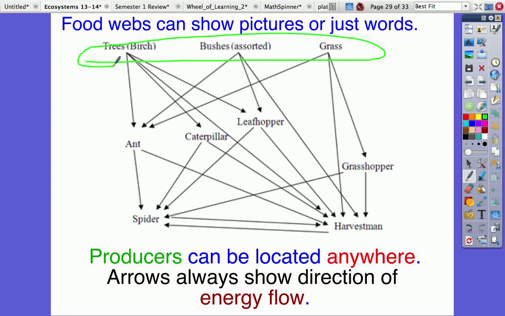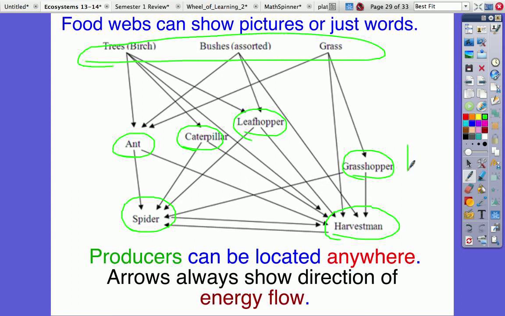Here are the organisms that eat producers only. And here are organisms that eat either meat, so they're carnivores, or they eat both, so they're omnivores. So this would be my first level consumer and my second level consumer, and here are my producers.